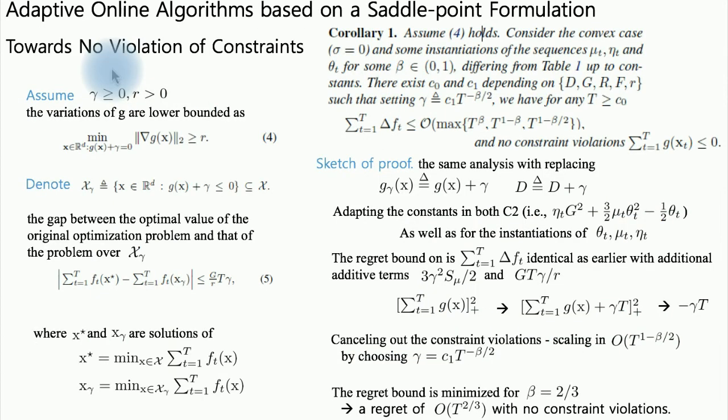Next, we show our result applies in a specific case where an additional assumption on the gradient of g can translate into an absence of constraint violation.